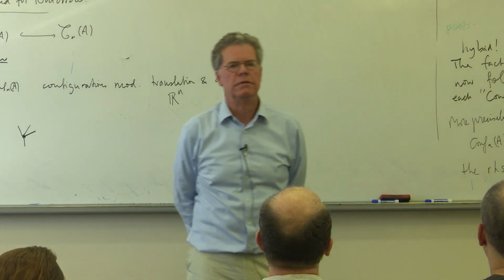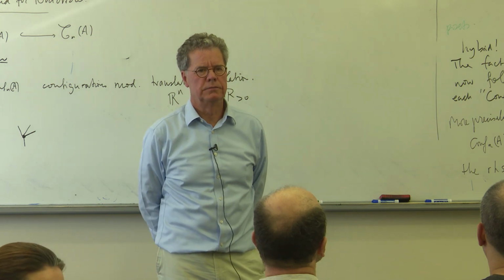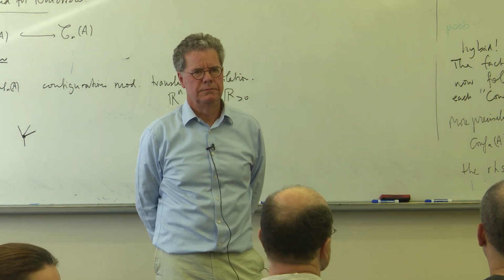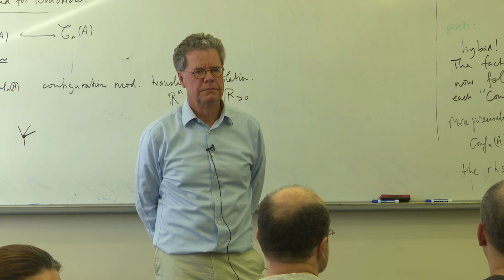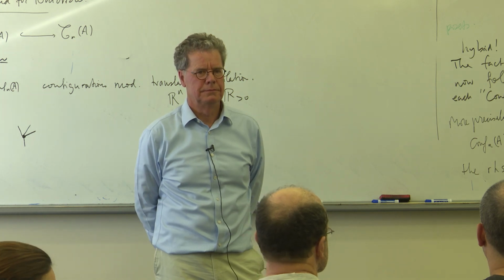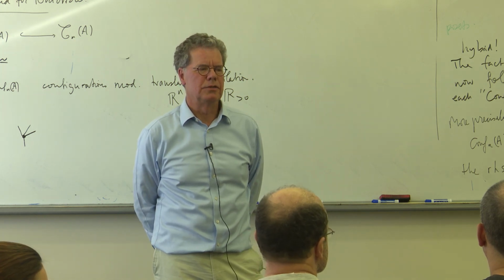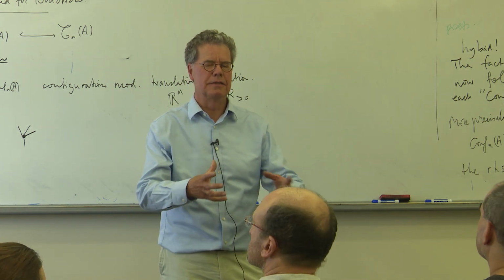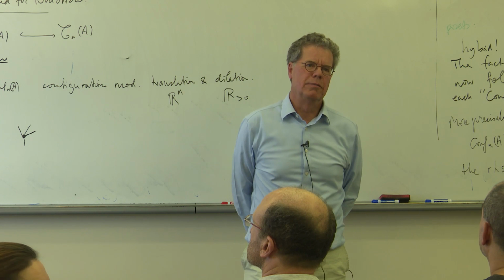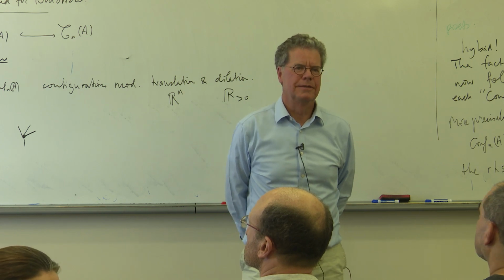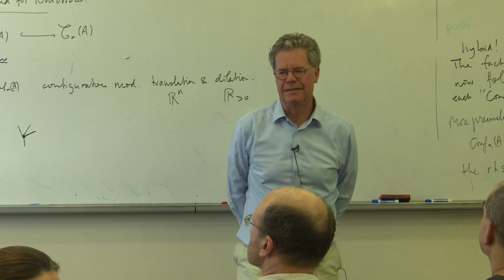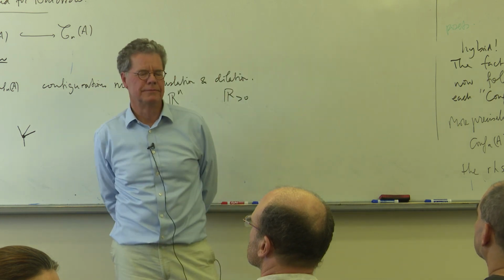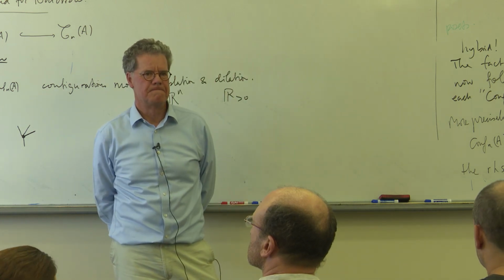To define this action is very simple, because if you look not at the points but at small disks on the manifold, then you can substitute inside the disk. But you need some structure on the manifold to know what the disk is. You need a Riemannian metric, for example. A parallelizable manifold, yeah, exactly. For those you have such a construction.